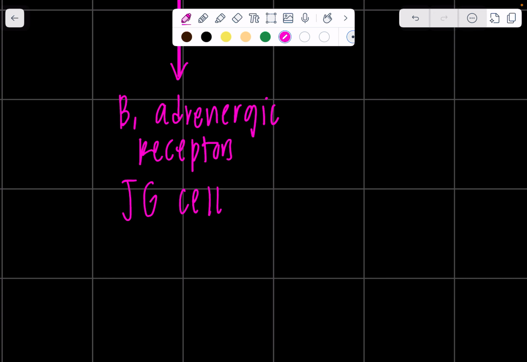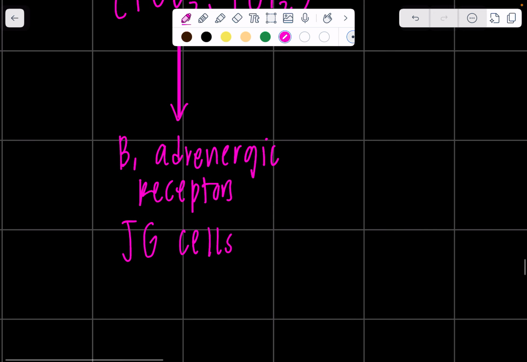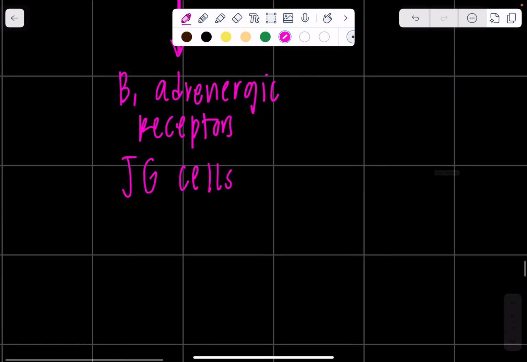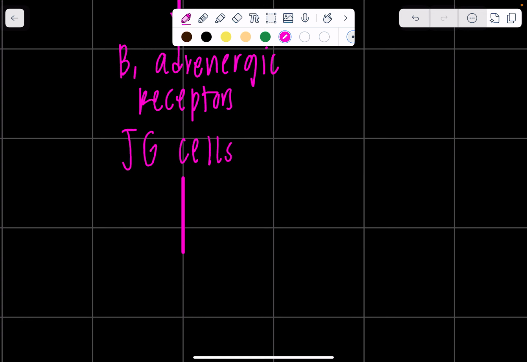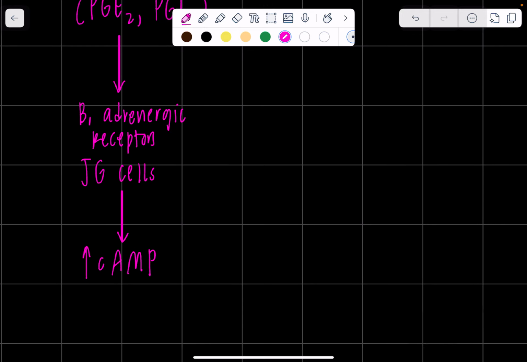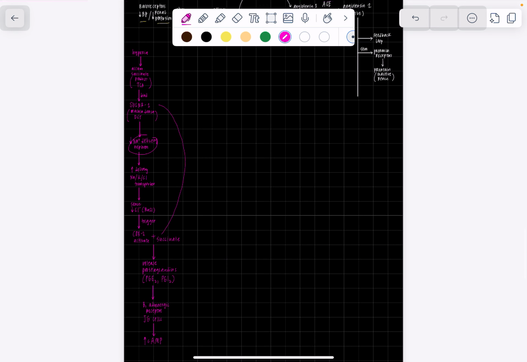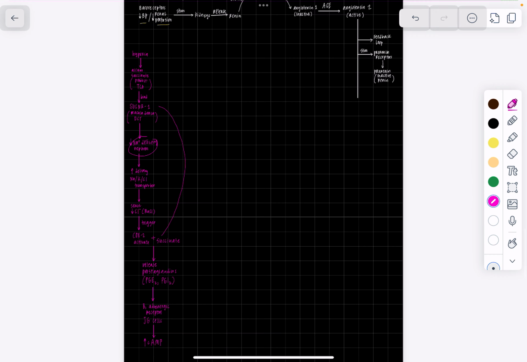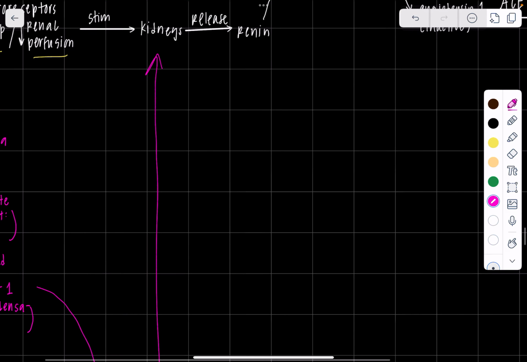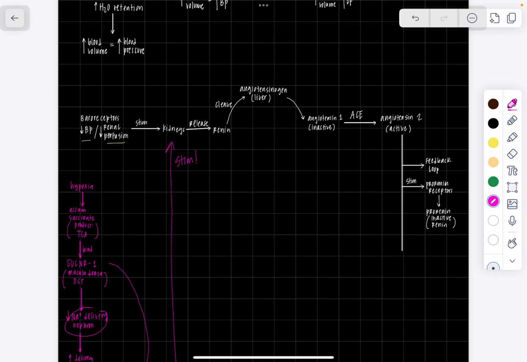juxtaglomerular cells, which are cells inside the glomerulus of the nephron, right, of the kidney. And then this binding is going to cause an increase in cAMP. This increase in cAMP is what is going to stimulate our kidneys, and that is what kicks off our renin-angiotensin system.